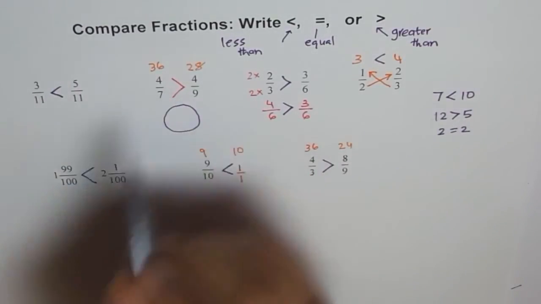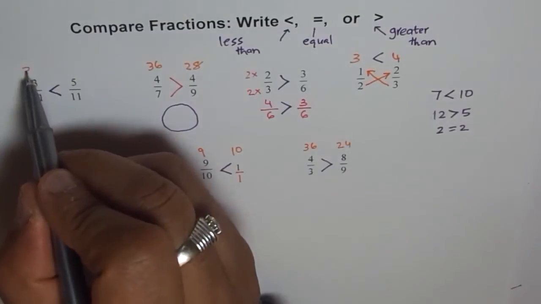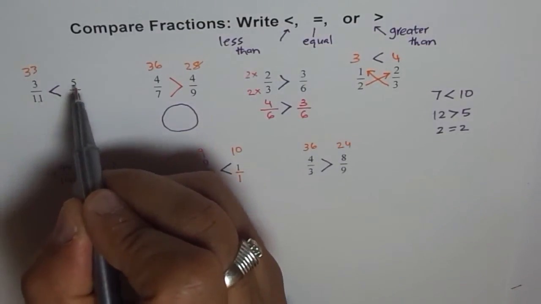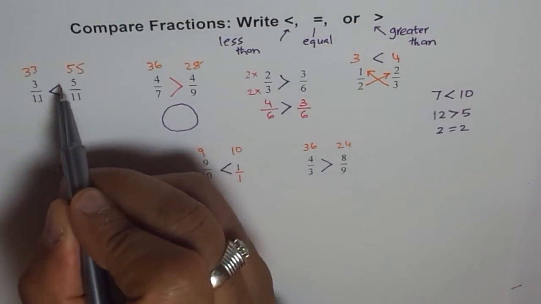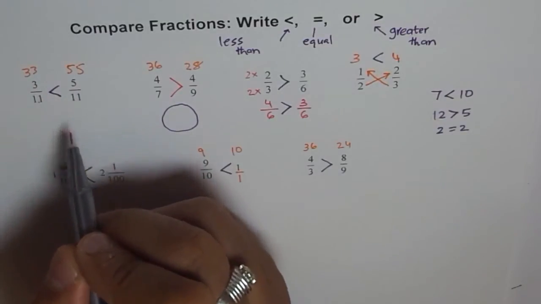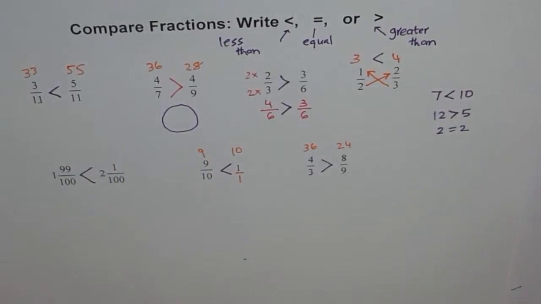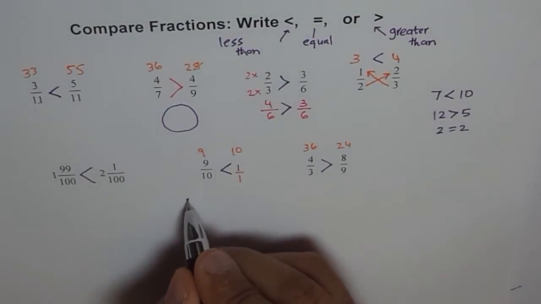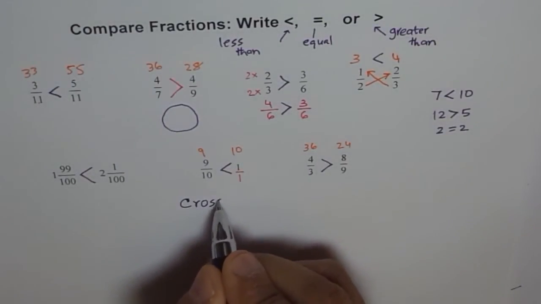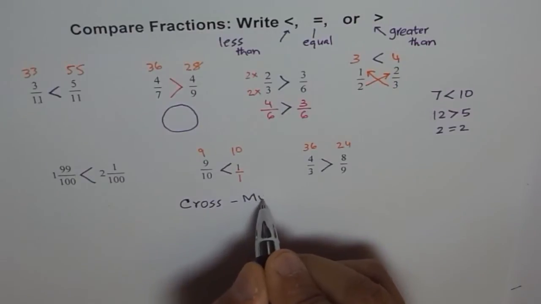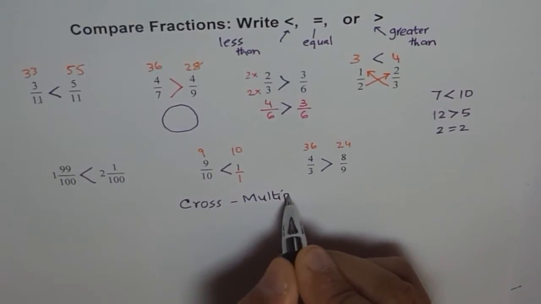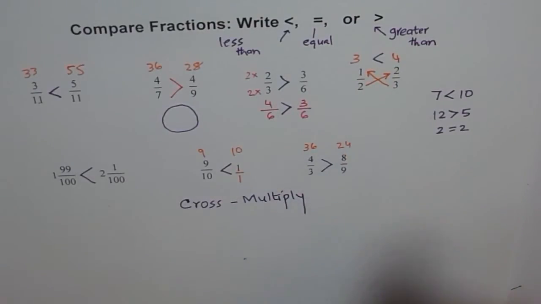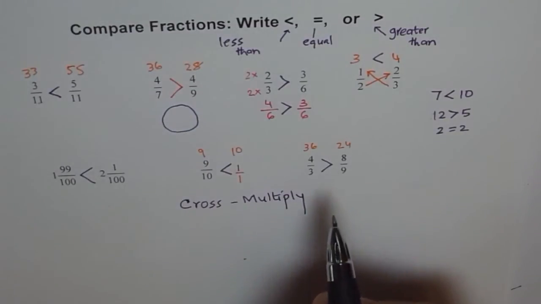Do you see that? 11 times 3, 33. 11 times 5, 55. This is greater. This is less. So it works. So cross multiply, I think, is the best way to do. What we call this technique is cross multiply. So you cross multiply and then decide which is greater, right?